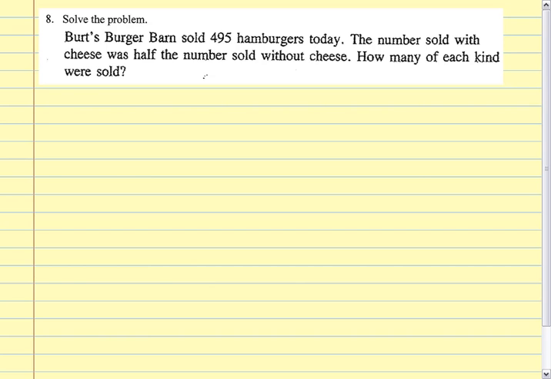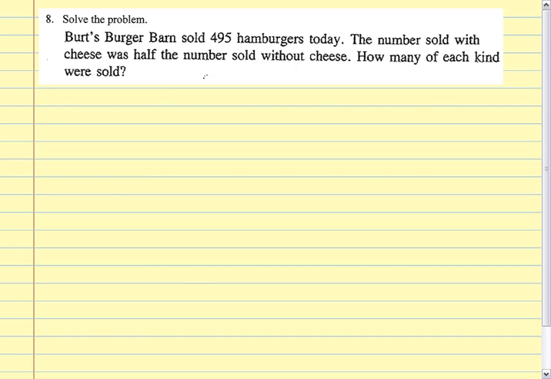I'd like to write an equation. Now, Dylan, how can I represent this? We know that Bert's Burger Barn sold 495 hamburgers today, and the number sold with cheese was half the number sold without cheese.